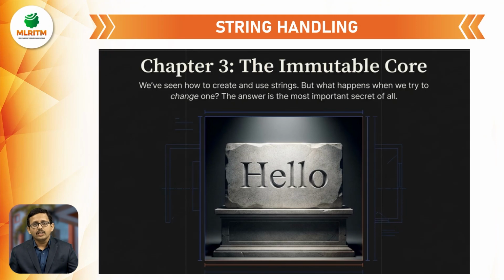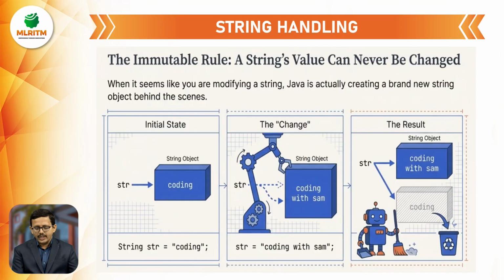The immutable core. We have seen how to create and use strings, but what happens when we try to change one? The answer is the most important secret of all. This is a string object that contains the string hello. How is it immutable and what is happening to it? Let us see. The immutable rule: a string's value can never be changed.